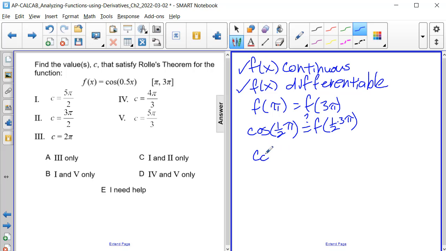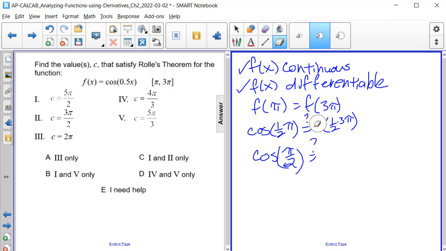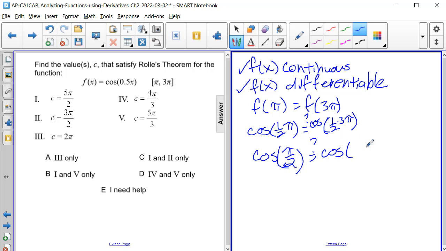So we'll have the cosine of pi over 2, is that equal to the cosine of 3 pi over 2?